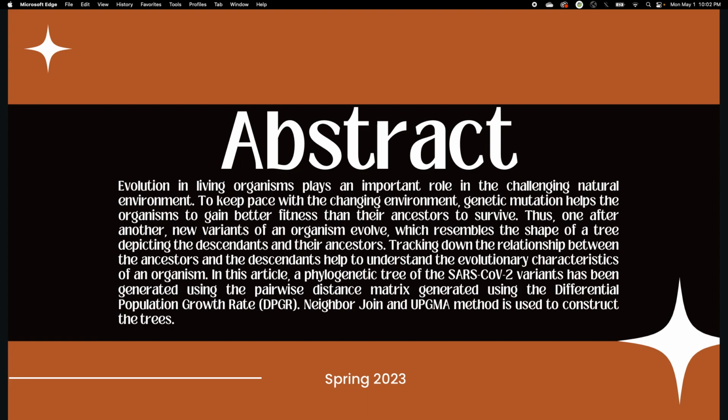and other things. So, we all know that evolution in living organisms basically plays a vital role because when organisms evolve over time, they try to change their genetic code through mutation so that they can adapt better with the changing environment.